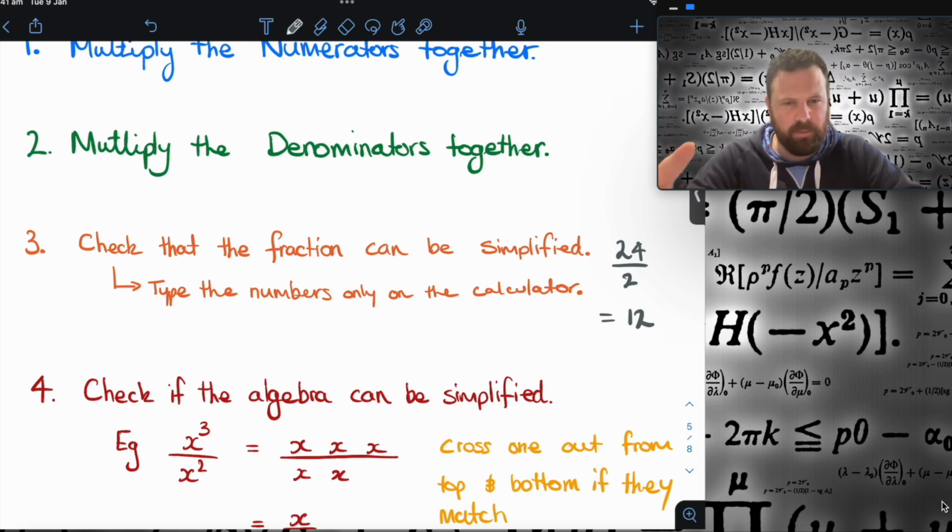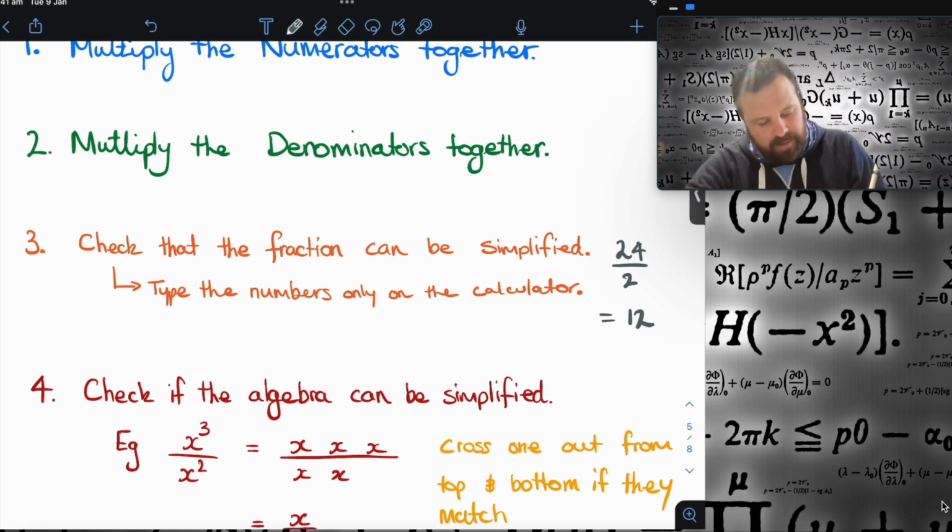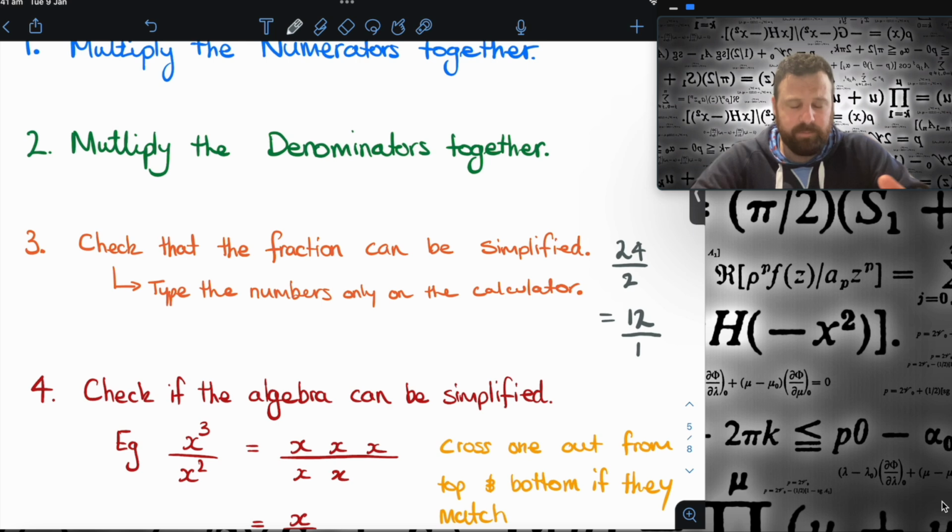There's a hidden 1 in this scenario, and that is that our denominator is actually 1. It's 12 divided by 1, which is just 12. But we don't write that over 1 because it doesn't change anything. But we need to remember that that hidden 1 is there for if we still have algebra in our denominator. So just be wary of that one.